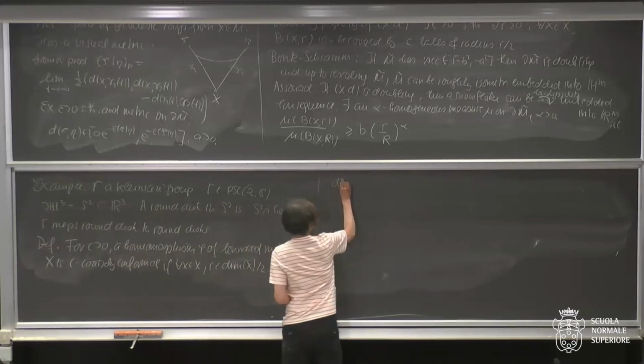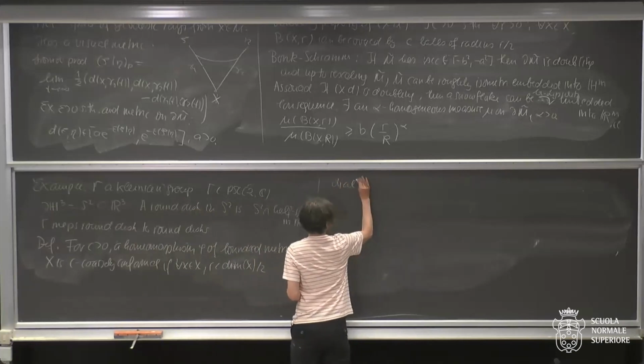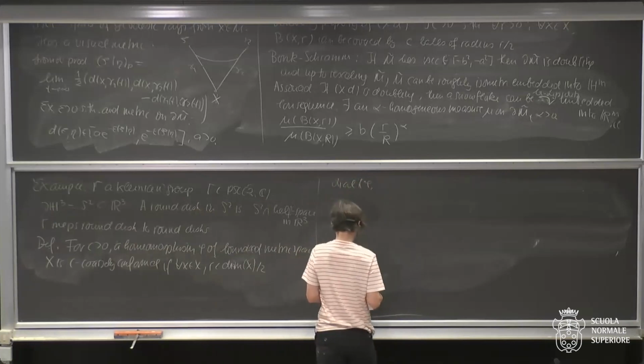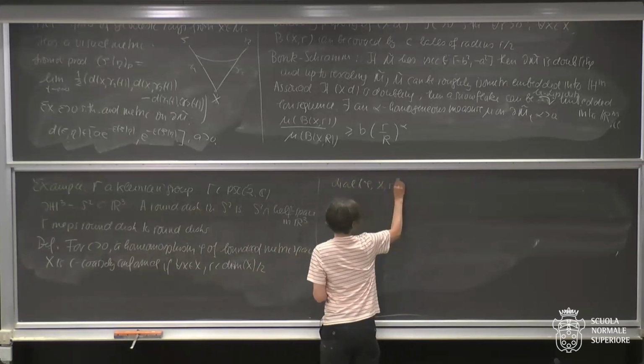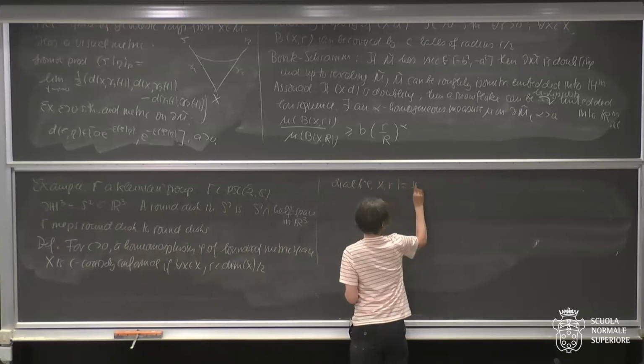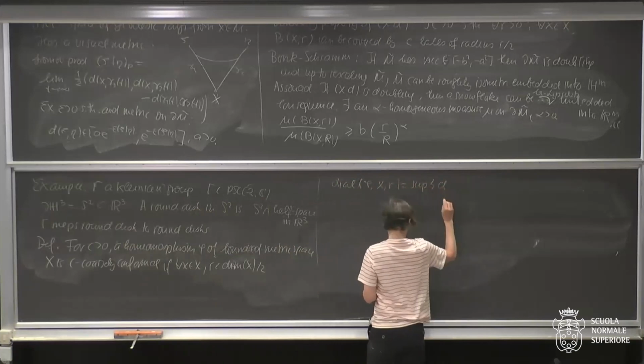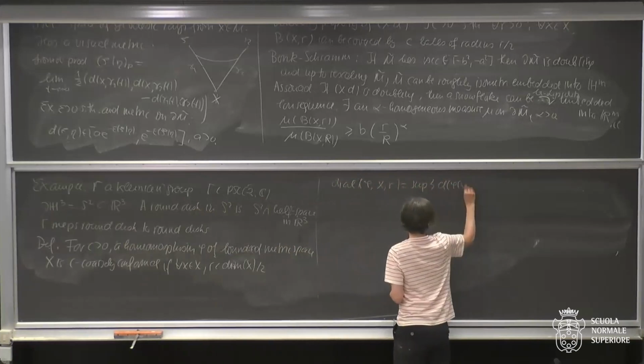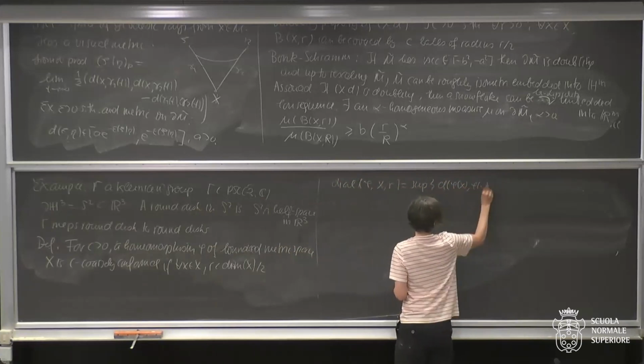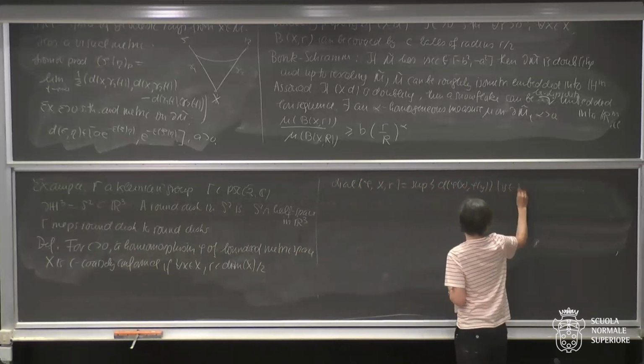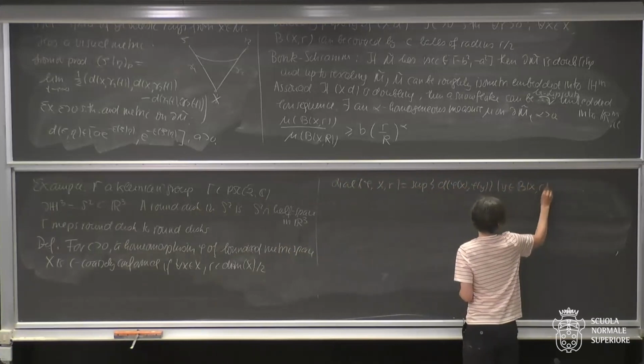So the dilatation of phi at the point x with radius R is supposed to be the supremum of all d(phi(x), phi(y)) with y in the ball of radius R about x.